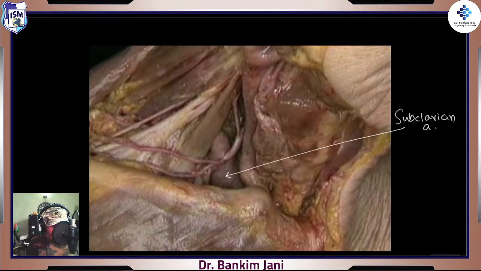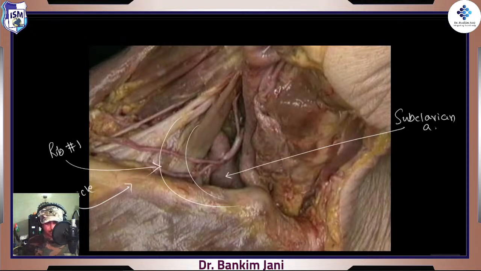This is like the clavicle. Every time, that orientation is very much necessary. And here there would be rib number one. So that is the superior thoracic aperture, and through that we are watching the subclavian artery, and then immediately next to it, we are watching the common carotid artery.